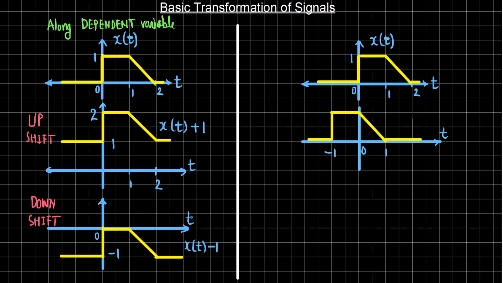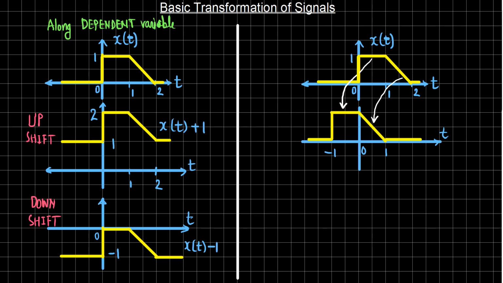See here, this line is simply copied here. This line is simply copied here, and so on. Therefore, a signal here is obtained from a position higher in the original signal.